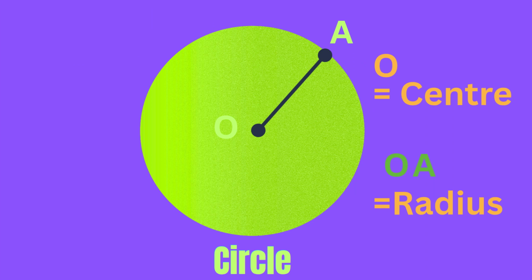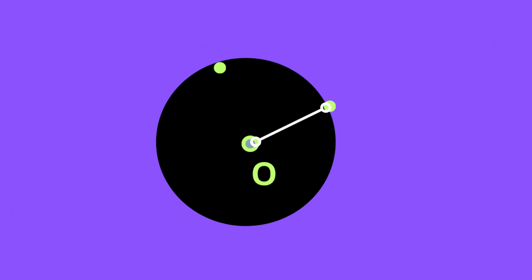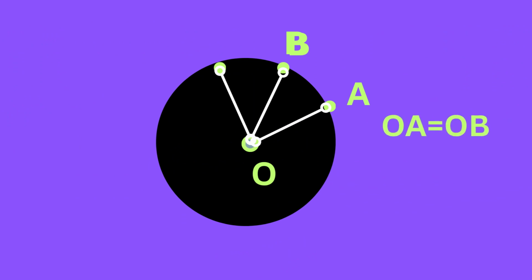That is the magic of a circle. Every radius of the same circle is equal. Therefore, if we take another point B on this circle, the distance between O and B and the distance between O and A are the same.